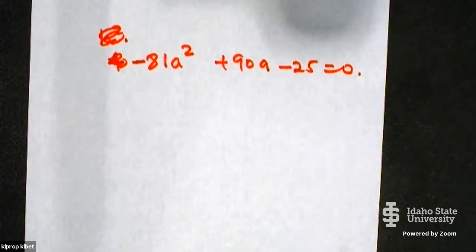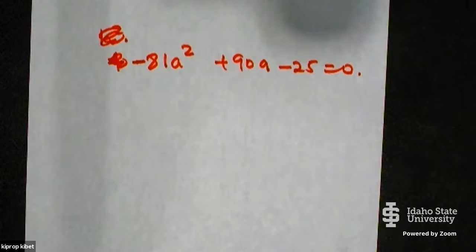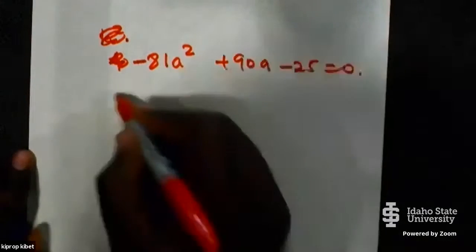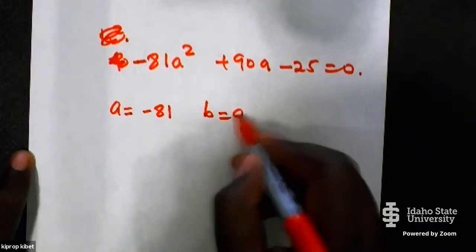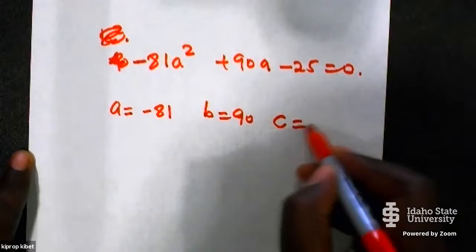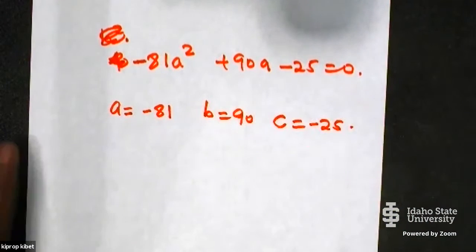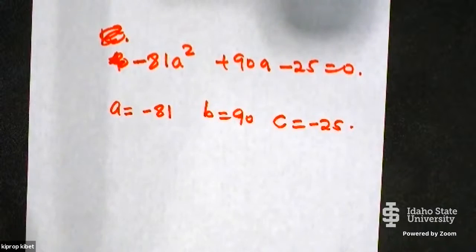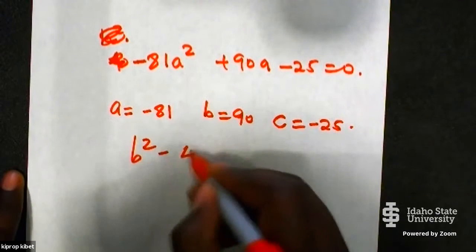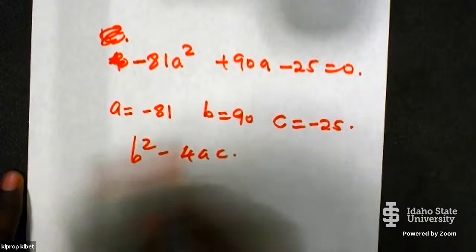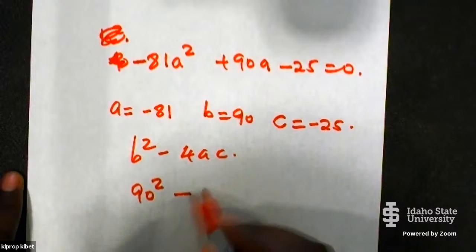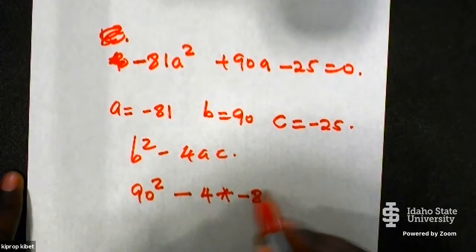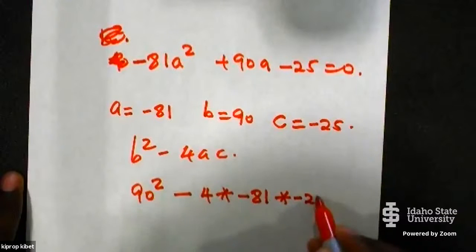Use the discriminant to determine the number of solutions to the quadratic equation. Our a equals minus 81, our b equals 90, and our c equals minus 25. So b squared minus 4ac: we substitute, 90 squared minus 4 times minus 81 times minus 25.